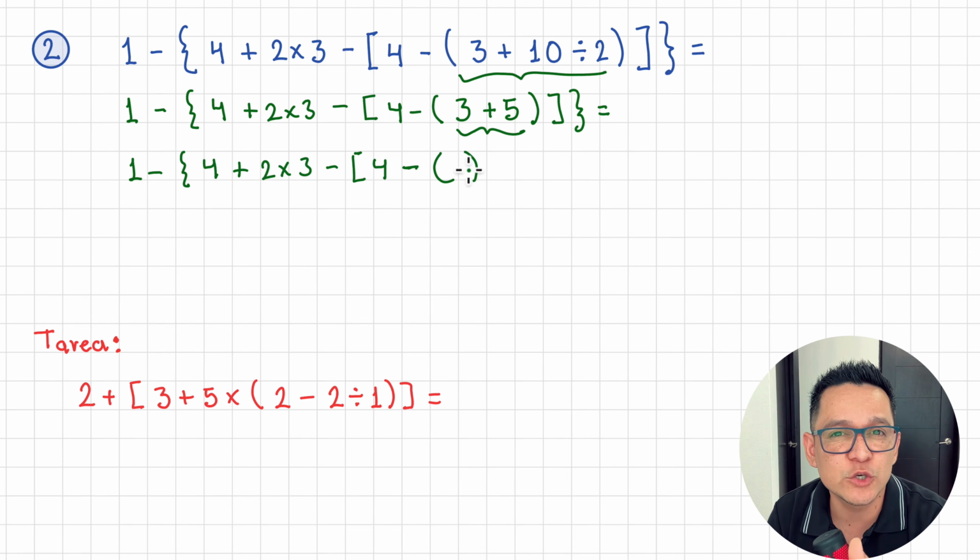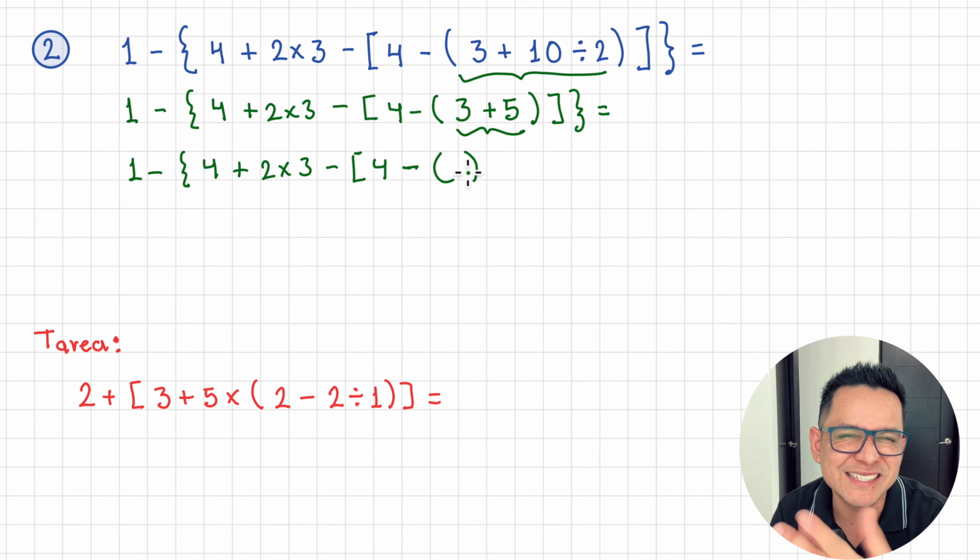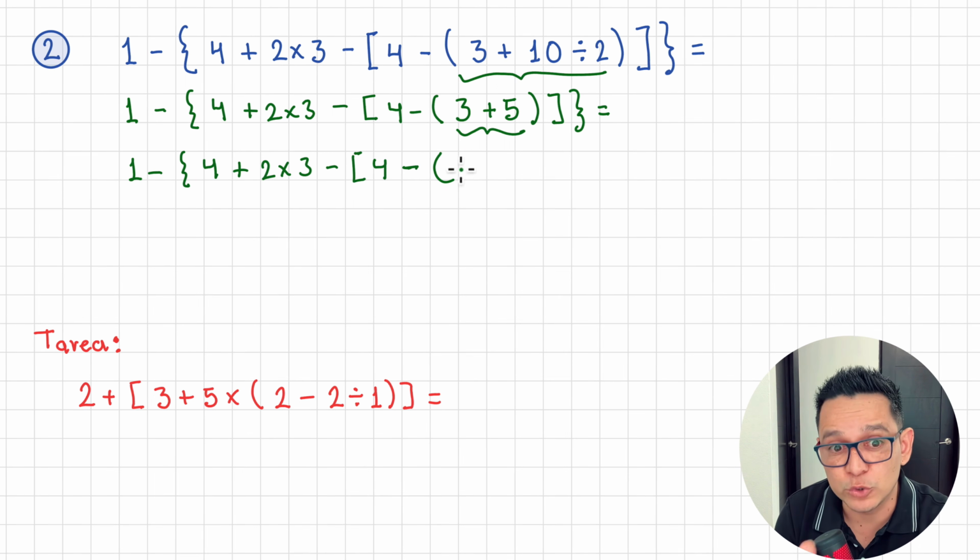But as I was saying, when we no longer have operations inside a grouping symbol, then we can remove it. That is, it's not necessary to put it again, since I already know the value of what's inside it, which is 8. So we're just going to write the 8 by itself and not use parentheses anymore. Now then, I close this bracket and also close the brace.